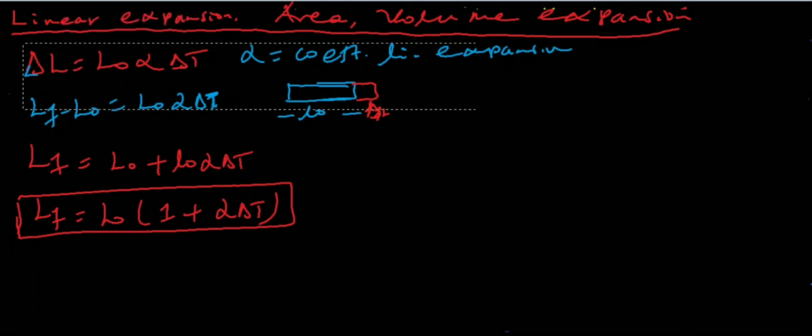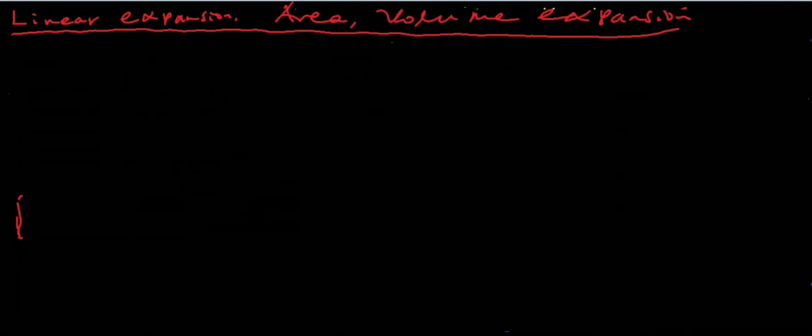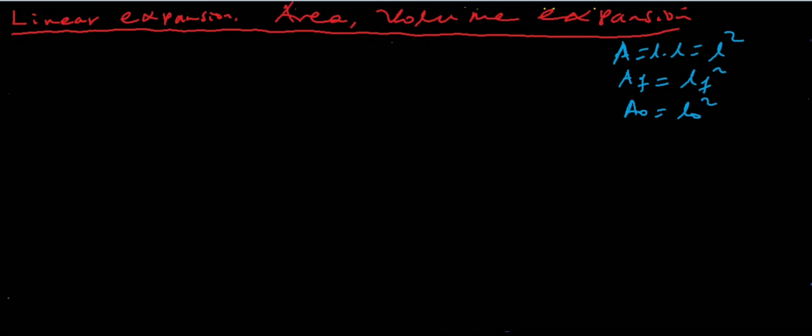Now let's calculate the area expansion. We know that area is length times length, therefore L square. AF, the area of the final length, is equal to LF square. Area naught is equal to L naught square.